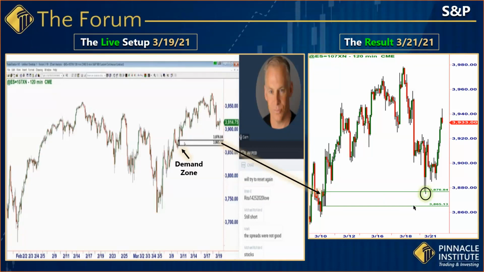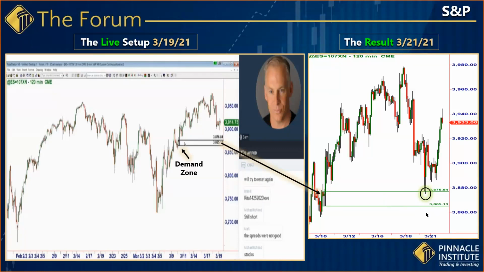Make sense? And why are we focused on buying at demand? Because focusing on where prices are going to turn is the only way to attain the low risk, high reward, and high probability entry point into a trading opportunity or investing opportunity. Whether you're day trading, swing trading, longer term investing, in any asset class, it doesn't matter.